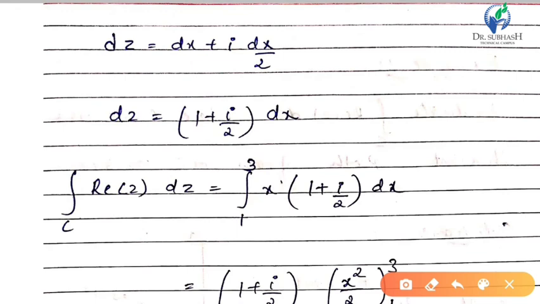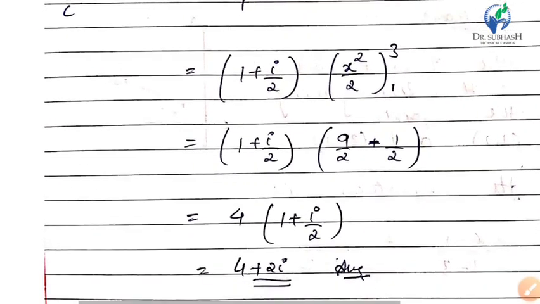So I will take dx common, and in the bracket there will be 1 plus i by 2. Now I will simply integrate this. For the limit, I am just taking the initial point and ending point of the x coordinate, that is from 1 to 3. Real part of z is x, and in place of dz I will put this term, (1 plus i by 2) dx.